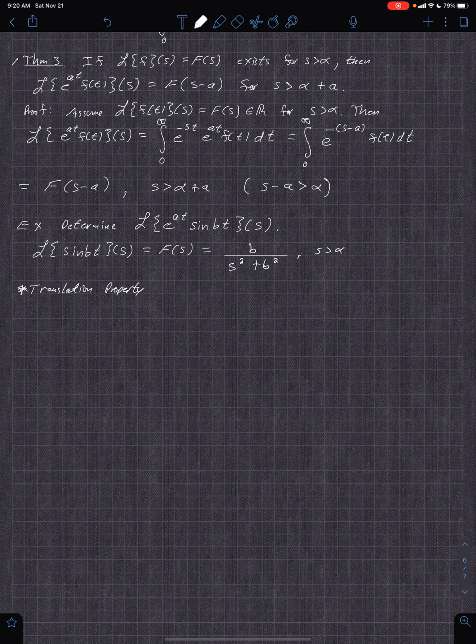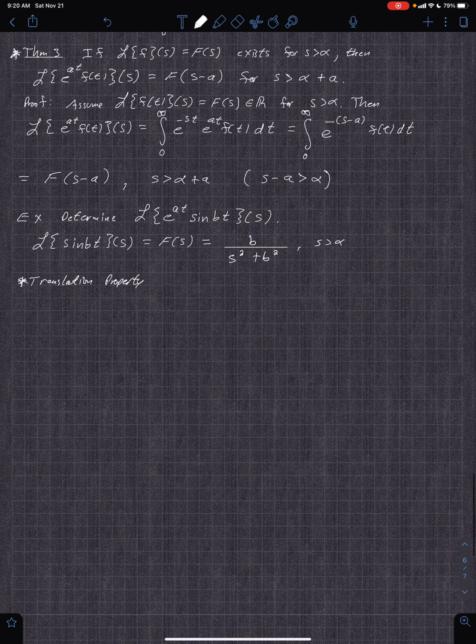This is the translation property. You have that the Laplace transform of e to the at sine bt of s is equal to F of s minus a.